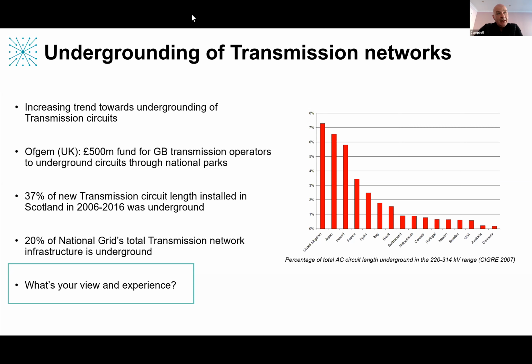Some other statistics here: 37% of new transmission circuit length in Scotland over the 10-year period was underground. And there's a significant proportion. Of course, internationally, this is also happening. I'm aware of Denmark had a big programme to underground massive sections of its overhead network.